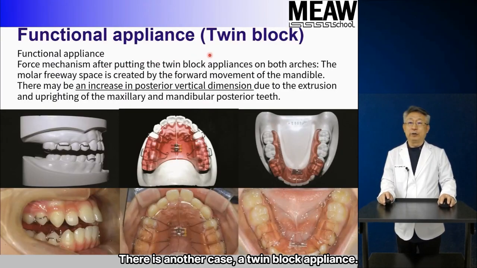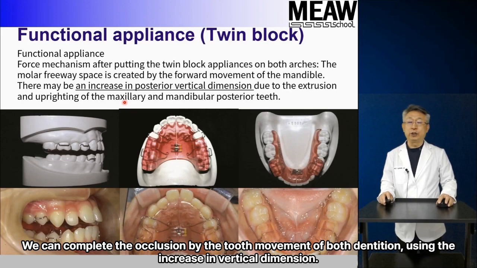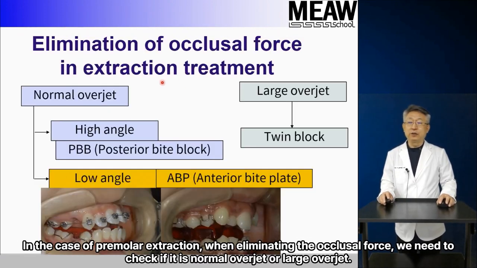There is another case, a twin block appliance. In the case of twin block appliance, the vertical dimension increases in the posterior region. We can complete the occlusion by the tooth movement of both dentitions using the increase in vertical dimension. In the case of premolar extraction, when eliminating the occlusal force, we need to check if it is normal overjet or large overjet.